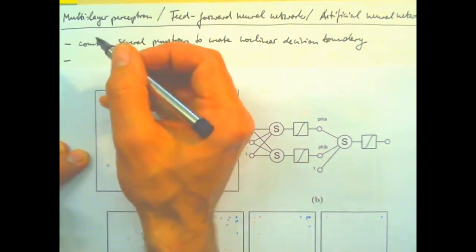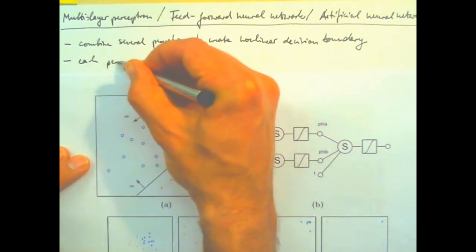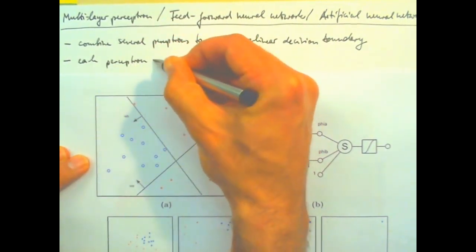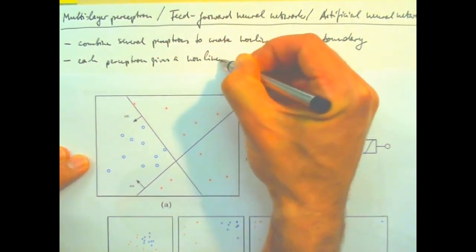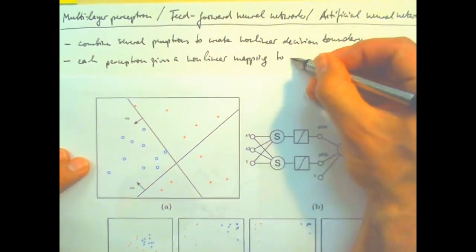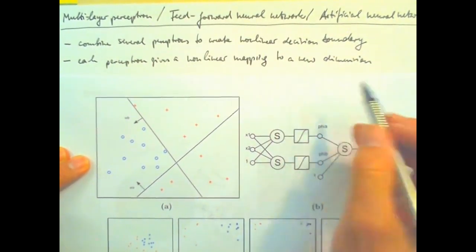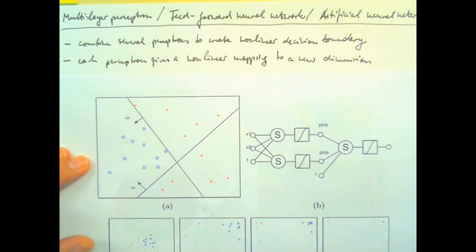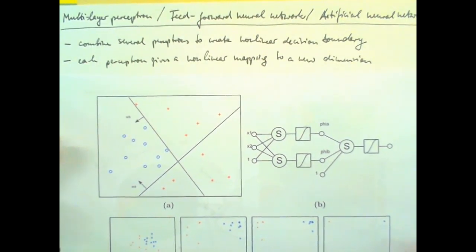Coming back to the handouts, the basic trick is that each perceptron gives a nonlinear mapping to a new dimension, and perhaps in this new dimension the problem is already linearly separable, or else you can iterate this process. So iterate from these new dimensions to yet another new set of dimensions and so on until in the end they become linearly separable.